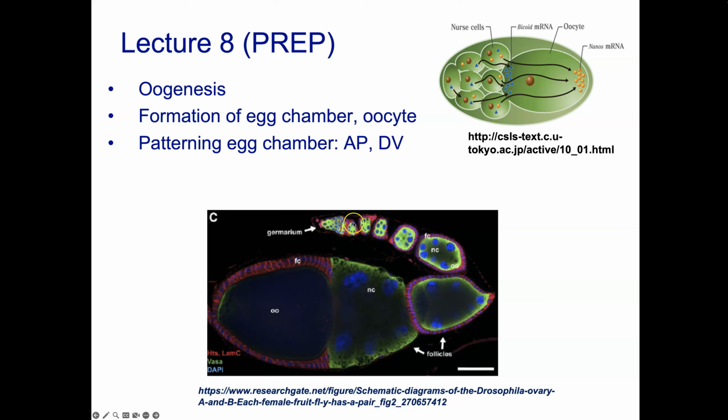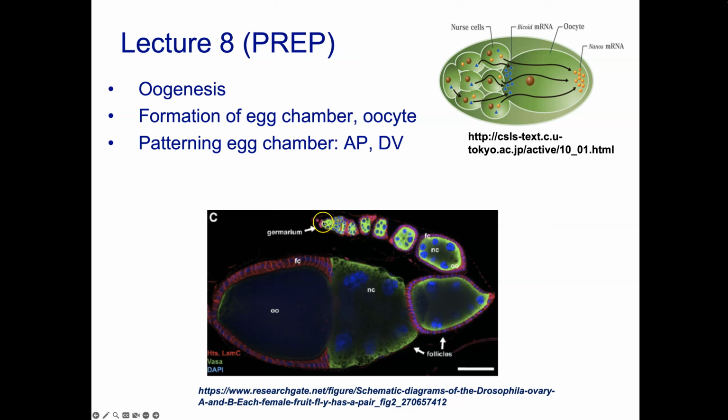So the germ cells are in the center part here, and the somatic cells that surround them are called follicle cells. And there's a whole lot of follicles in this picture, and each one of them has one oocyte and some nurse cells that we'll talk about. And you can see, this is like a timeline.